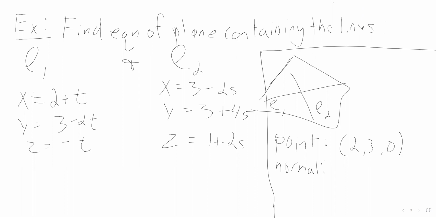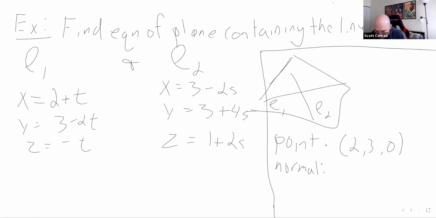Yeah, you can pick any point on either line and you're fine. I could plug in t equals 5, t equals a half, s equals 0, s equals negative 3. It doesn't matter, they're all going to be a point. Just make it clear where you got it from, and you'll be fine on an exam.